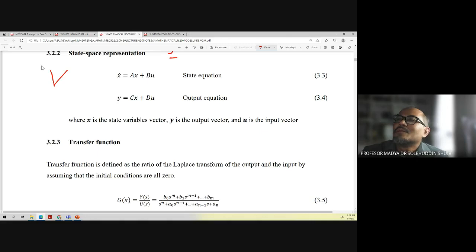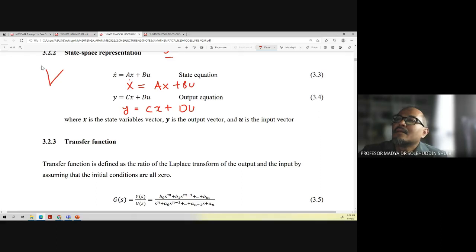We are going to represent this in this form: x dot equal to Ax plus Bu, and then we can see what the output will be, which is y equal to Cx plus Du.